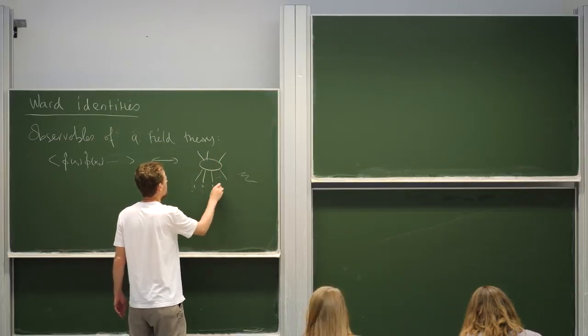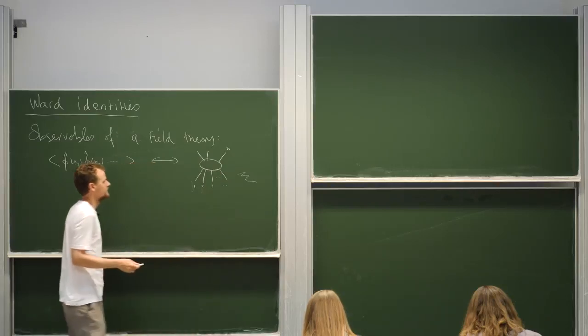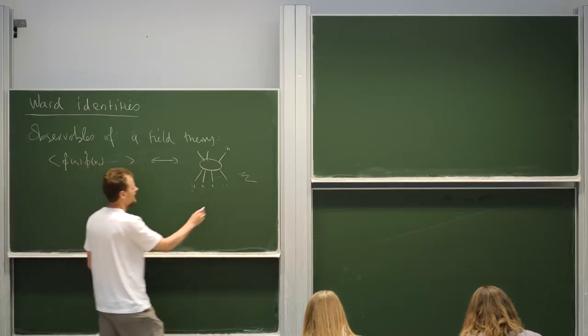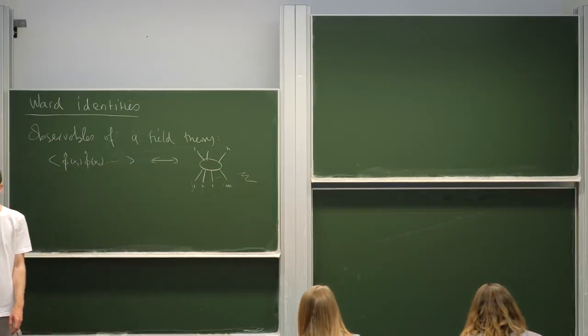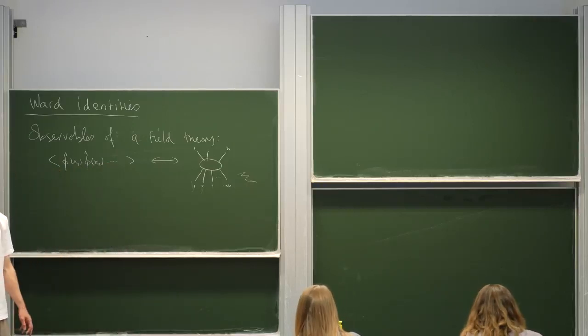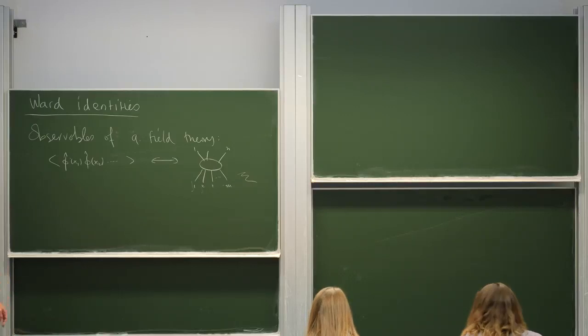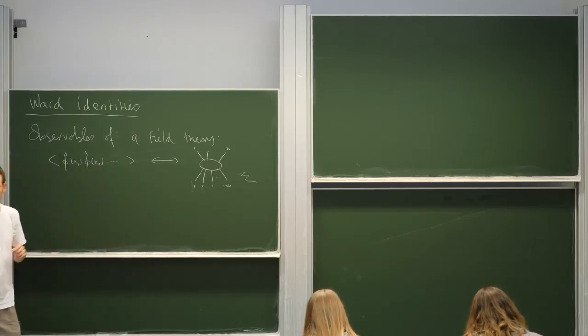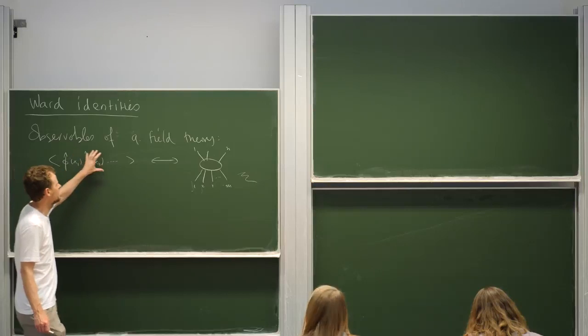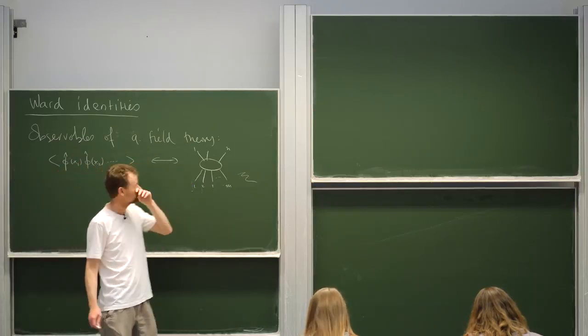You have m particles in and n particles out, for example. And these scattering experiments are operationally well-defined things. Take some particles, collide them, look at what comes out. And from that you can infer these correlation functions here. So while not directly observable, they are at least indirectly observable.